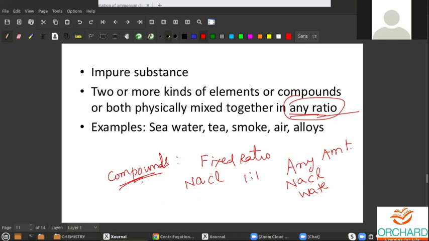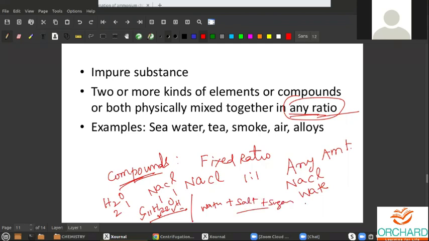If I say a compound, say for example, water, 2 hydrogen, 1 oxygen, sodium chloride, 1 sodium, 1 chlorine, sugar, C11 H22 O11, 11 carbon, 22 hydrogen, 11 oxygen. Now I want to make a mixture. So this is a compound in fixed ratio. I want to make a mixture. Water plus salt plus sugar.